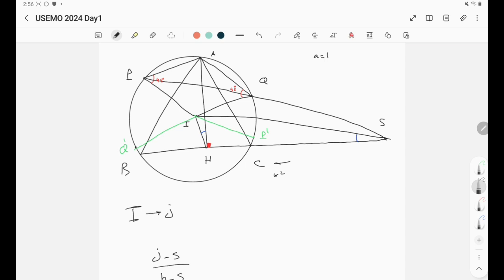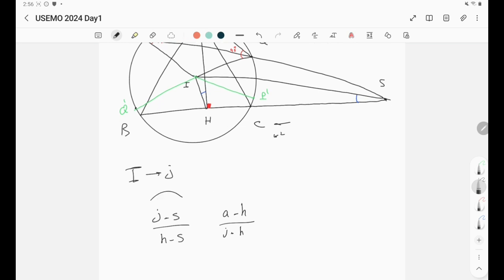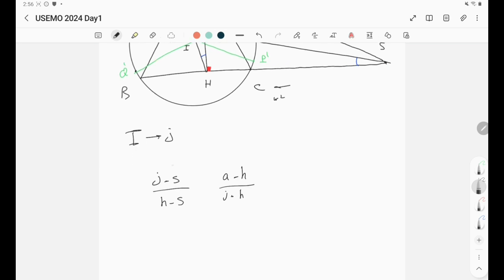AHI. So that means A minus H divided by J minus H. Okay, these two have the same angle. That means they have the same arc, right? The same arc. That gives us the angle for each one of them.